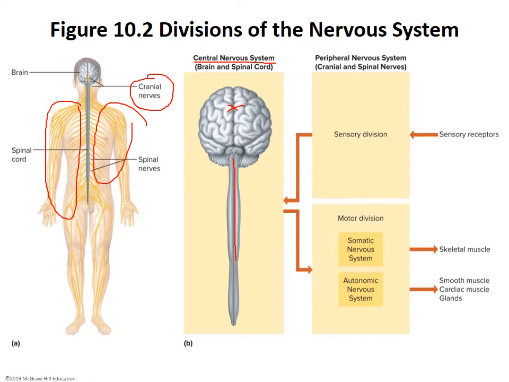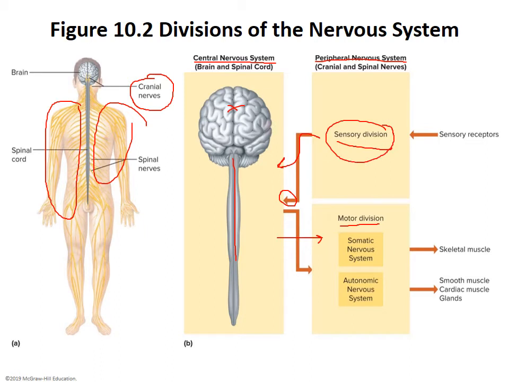Now, the thing about the peripheral nervous system is that it's going to be divided up into two subcategories. We're going to have sensory division and motor division. Sensory division is bringing information in, as you can see at this arrow, and then the motor is going to be the things that are going out. Sensory means I'm sensing my surroundings.